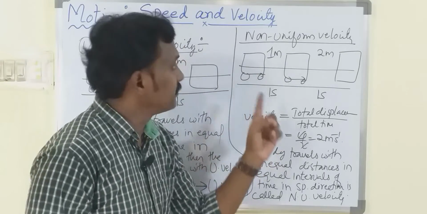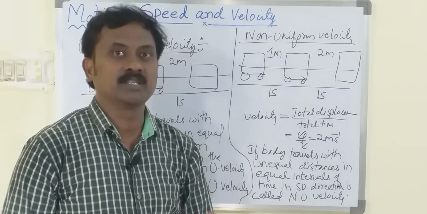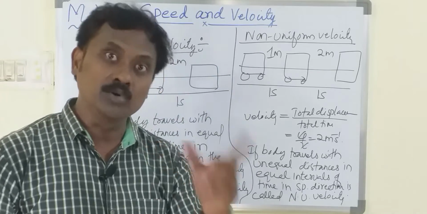When the body moves with non-uniform velocity, then we say that the body is moving with non-uniform motion.